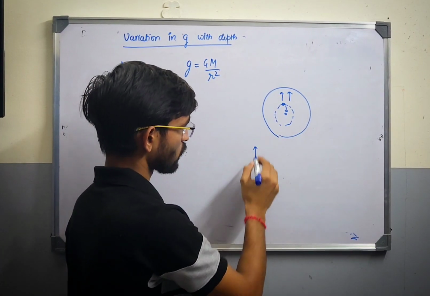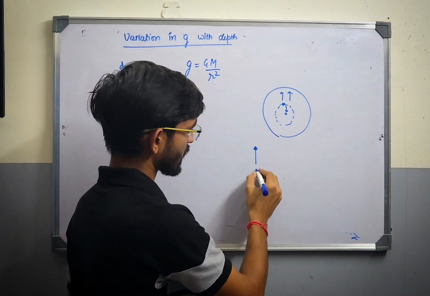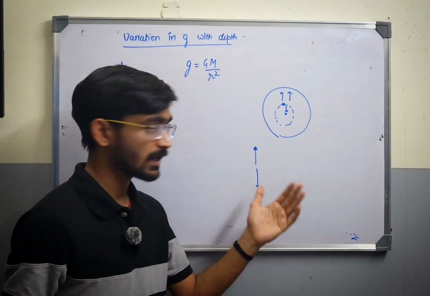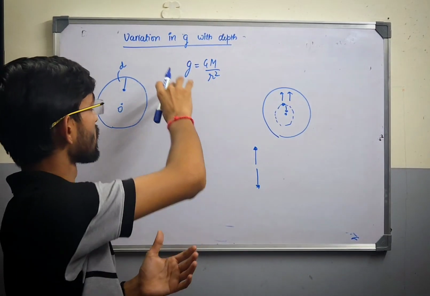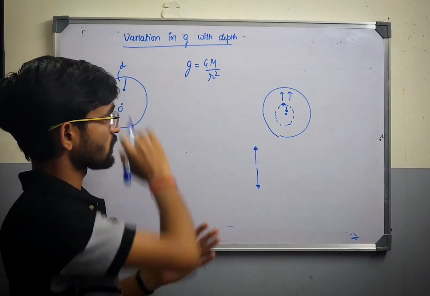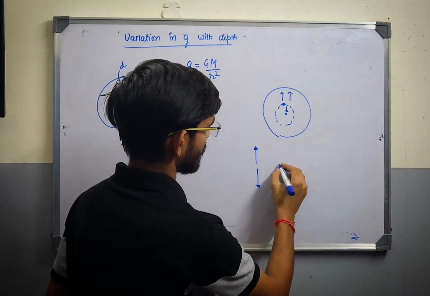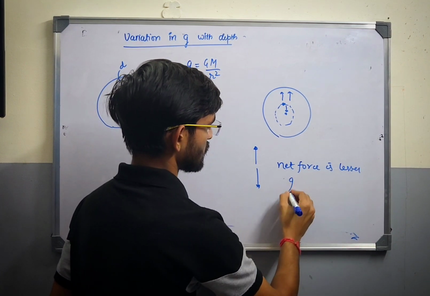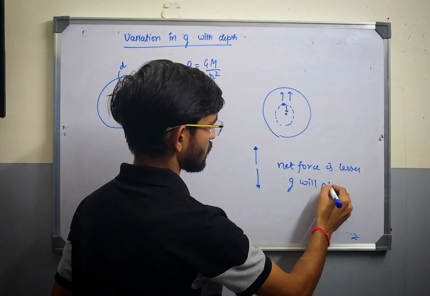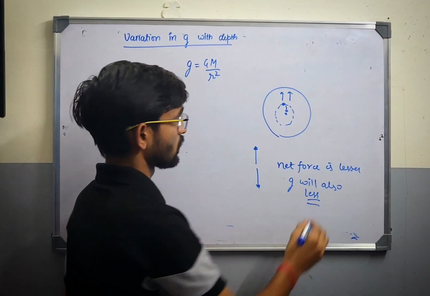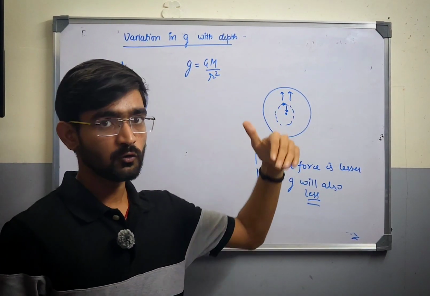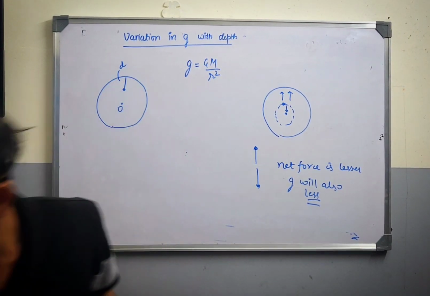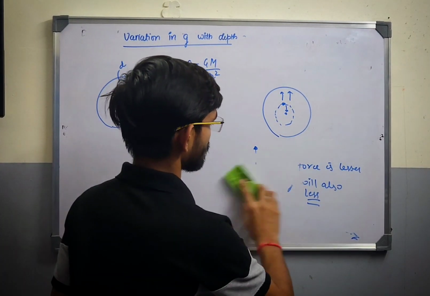So one attractive force in upward direction and one attractive force in downward direction, so the net force will be something less than the force you were feeling at the surface of the Earth. That's why the net force is lesser, that's why g will decrease, because some part of the Earth will pull you towards the upside direction. Now we will derive the formula for acceleration due to gravity with depth.